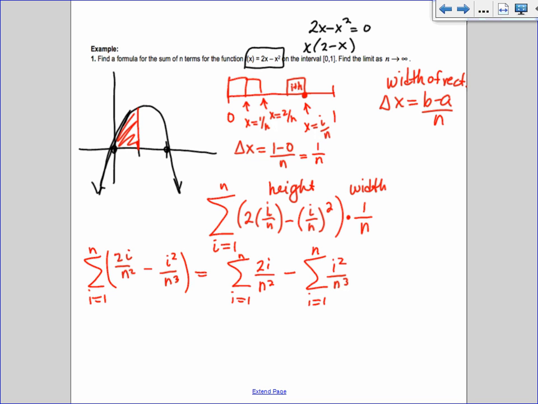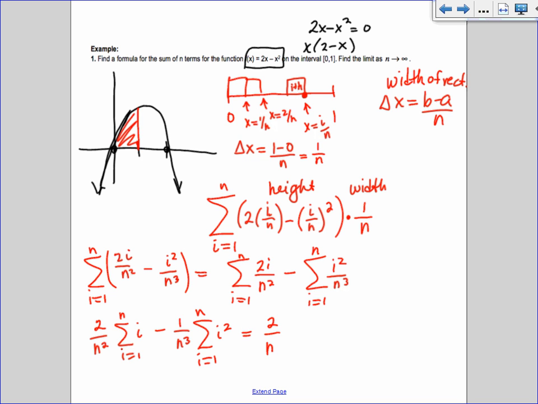Like the 2 over n squared, I can pull that out of the first one. So I'm going to have 2 over n squared, summation i equals 1 to n of i. Well, we know how to do that. That's the Gauss thing. Minus 1 over n cubed of the summation of i equals 1 to n of i squared. And we know how to do that because Jess just told us she memorized it. So we're good. We got it.